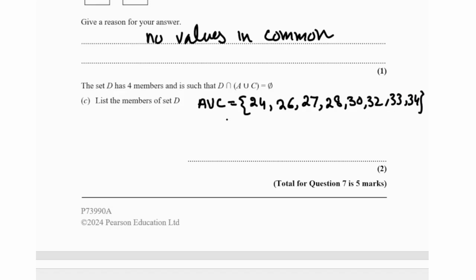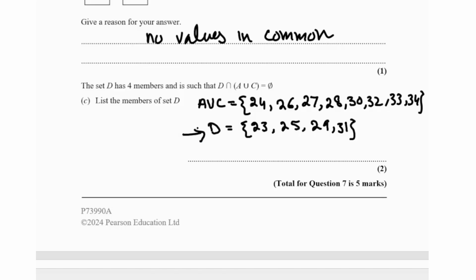This is A union C. If we take an intersection with D, that will be an empty set. So we can add here 23, 25, 29, and 31. There is nothing common between them, so that's why this set is empty. So these are the members of D.